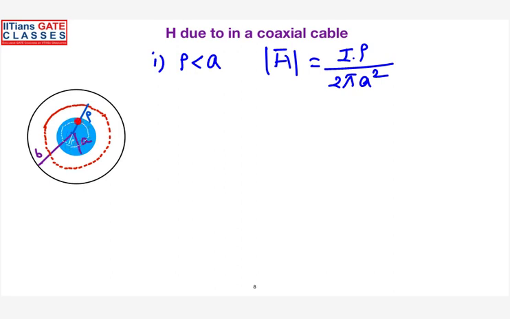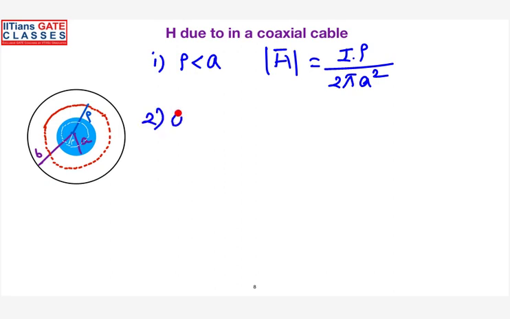The moment you have more loop area, the enclosed current will also be more. Correct? The moment the area increases, you capture more current. Similarly, in electrostatics, if the volume of the Gaussian surface increases, you enclose more charge. As the loop area gets larger, you capture more current. Once the current gets high, your magnetic field intensity is also going to be high.